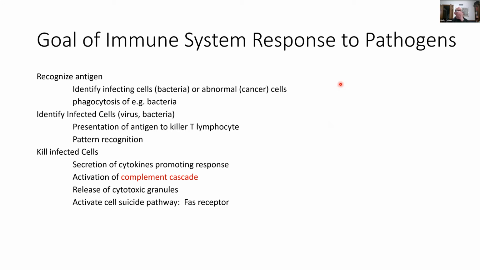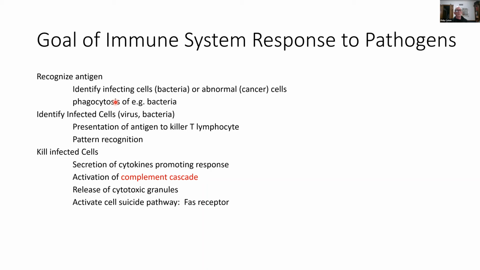Okay, so the rest of what I have to say is just how the immune system does what it does once it's working and identifying cells. So it identifies bacteria and abnormal cancer cells. It may phagocytose, which means it just eats up certain cells in the immune system. Macrophages in particular just eat up bacteria.